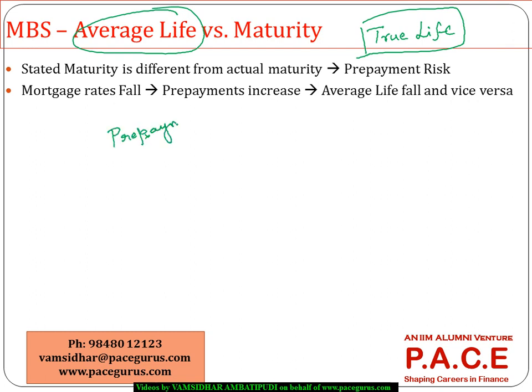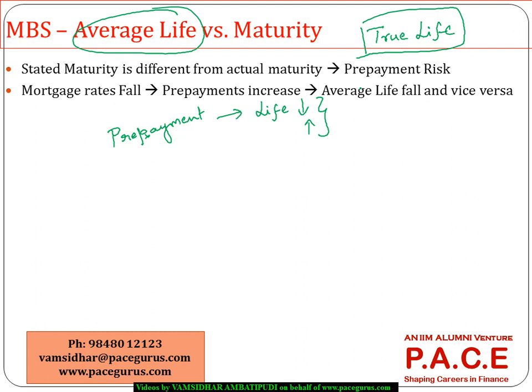If the prepayments are higher, the life of the mortgage is much shorter, and if the prepayments are lower, the life is going to be much longer. So since we cannot assess the typical prepayments, what we are suggesting is that for a mortgage backed security, it is better to look at the average life rather than the complete life.